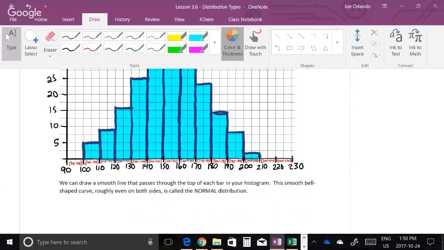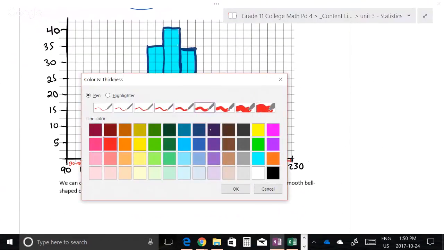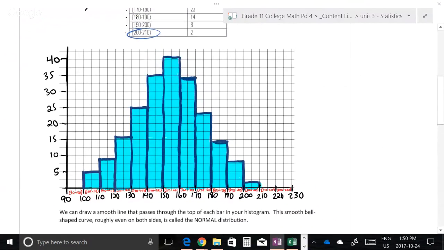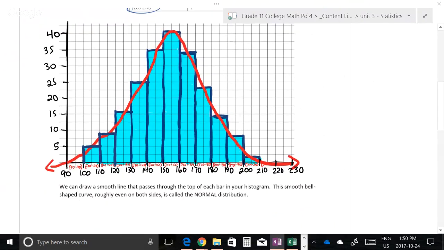Now, I always struggle with this, so let's see if you guys can do better than I. I'm sure you can. But with a curve this shape, you can pretty much draw a smooth curve through the middle. So we can draw a smooth curve through this.